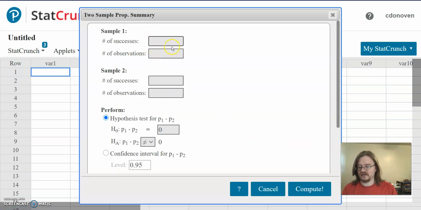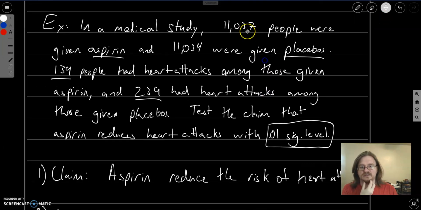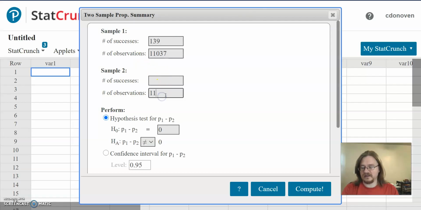So there were 139 people that had heart attacks while on aspirin, out of 11,037 people who were being given aspirin, and I should check so I'm not just guessing. Yep, 11,037 people, but there were 11,034 people given placebos, and 239 of them had heart attacks.